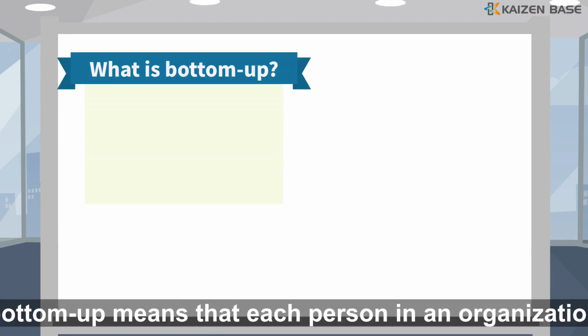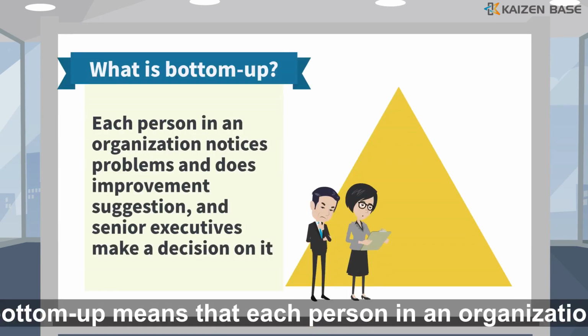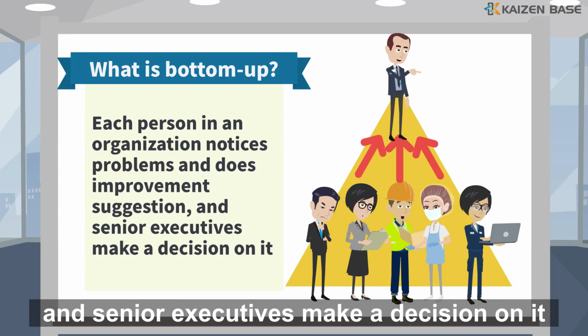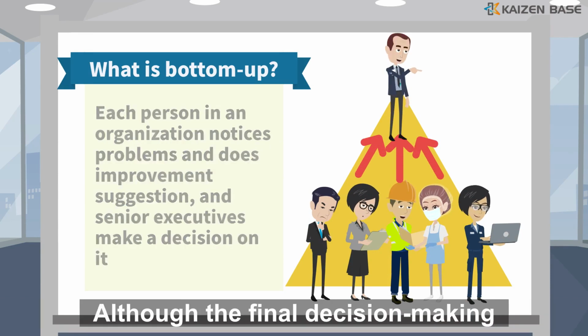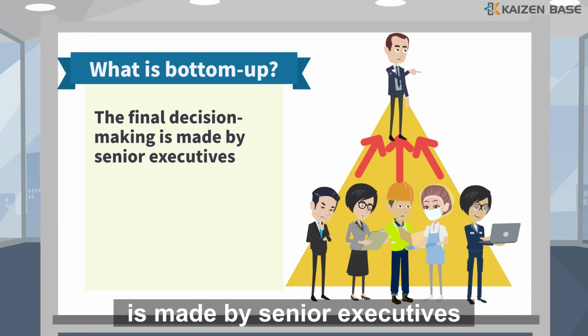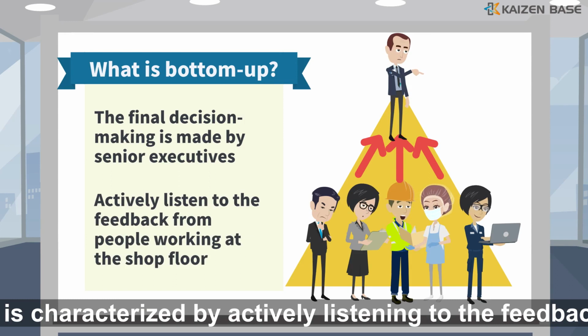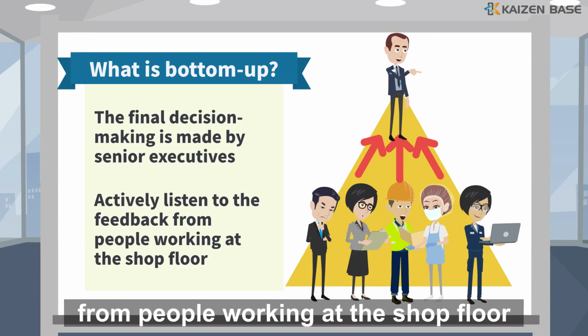On the other hand, bottom-up means that each person in an organization notices problems and makes improvement suggestions, and senior executives make a decision on it. Although the final decision-making is made by senior executives, it is characterized by actively listening to the feedback from people working at the shop floor.